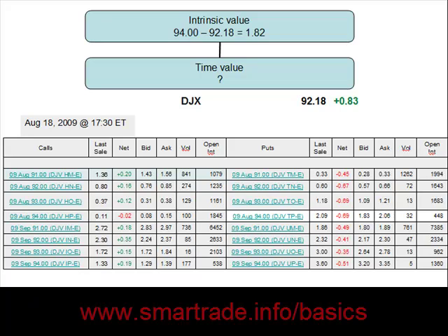Remember, because you are the buyer, you are paying the ask price. So you have to take the premium paid minus the intrinsic value to get the put option's time value. When you take the premium of $2.06 and subtract the intrinsic value of $1.82, you get a time value of 24 cents.